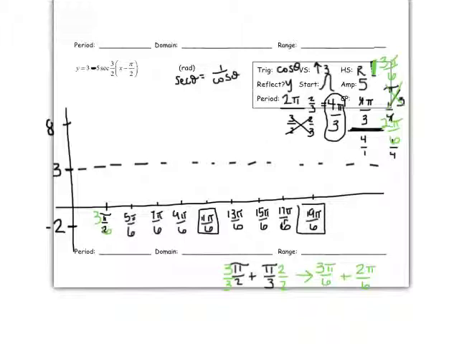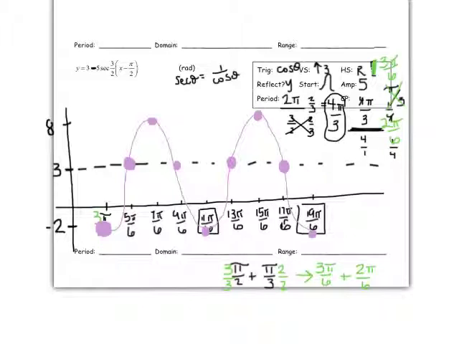So down here, I'm going to start right here, and that's on the 3 pi over 6. Then I'm going to go to the middle, top, middle, bottom, middle, top, middle, bottom. So if I connect these, this is my cosine graph, but that's not actually the question.